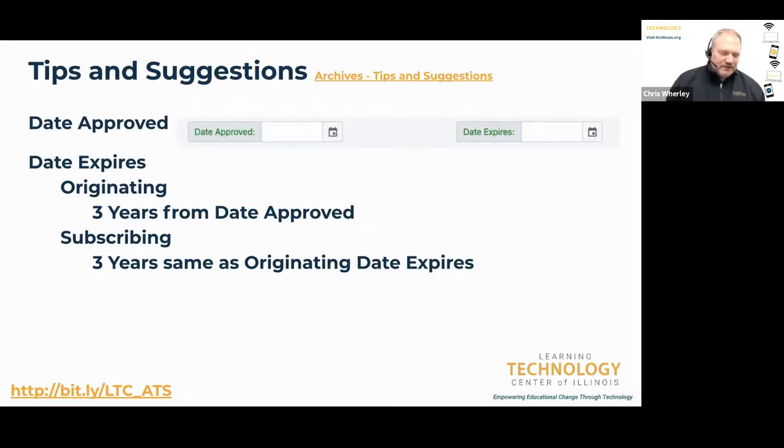The subscribing agreement, so if you sign the Exhibit E, is actually going to end 3 years to the date of the originating agreement. So all agreements are going to expire for a specific vendor on the same date. And in the how-to later on, after questions and answers, I'll show you where that's at if you need to update any of your agreements.